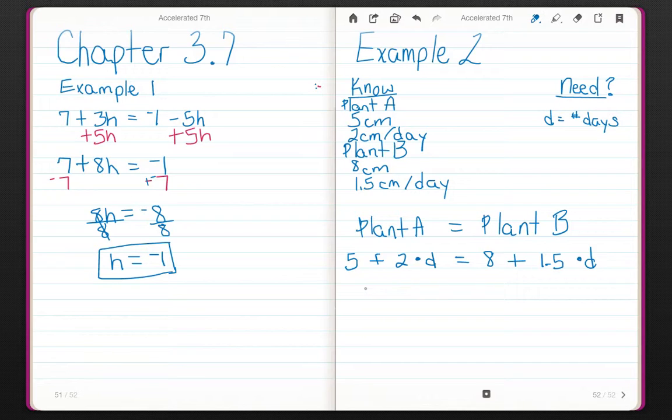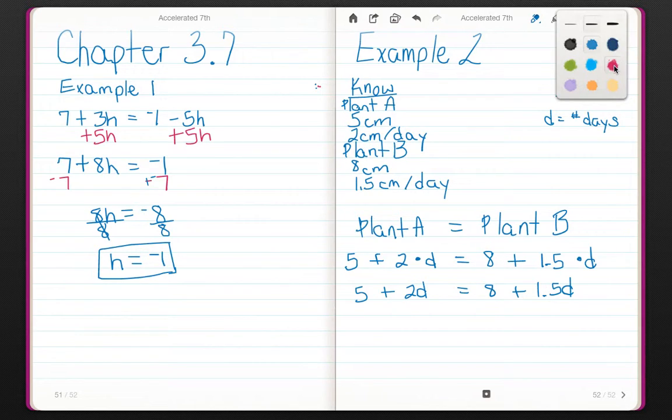So if I rewrite this, 5 plus 2d equals 8 plus 1.5d. So I have my variable d on both sides.